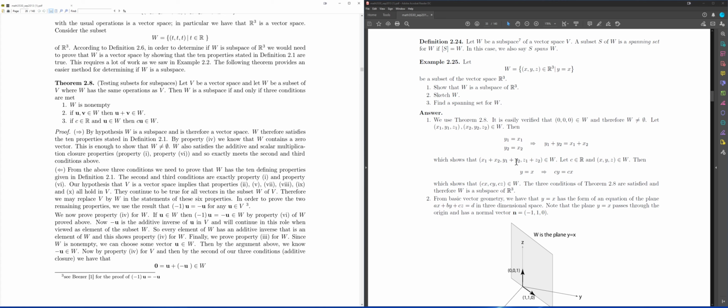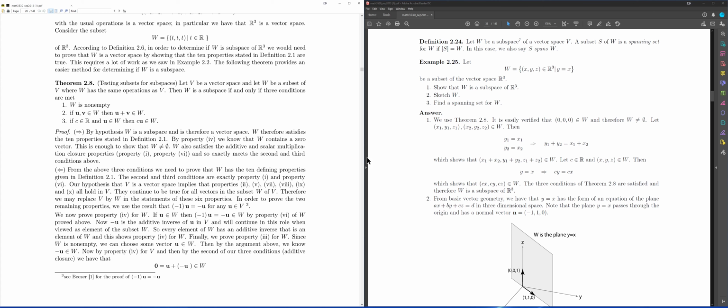Okay, so this here is a vector, and now I need to justify that it belongs to W, right? But you see from my reasoning up here, right, that y1 plus y2 is equal to x1 plus x2, right? Which means that the y value for this over here is equal to the x value, and that tells you it belongs to W, right? Okay, so I just showed this second condition here, right?